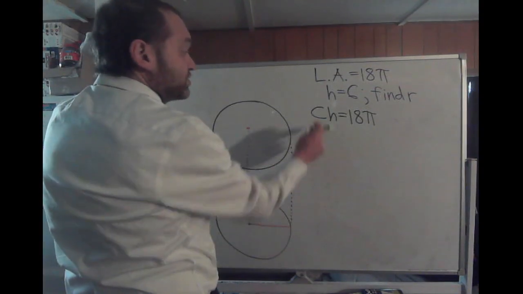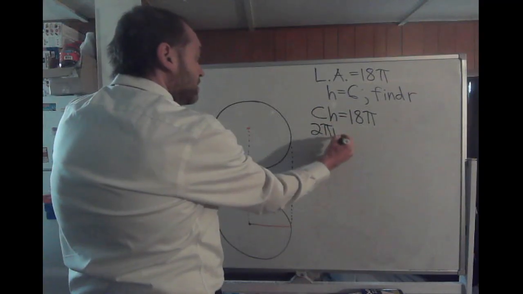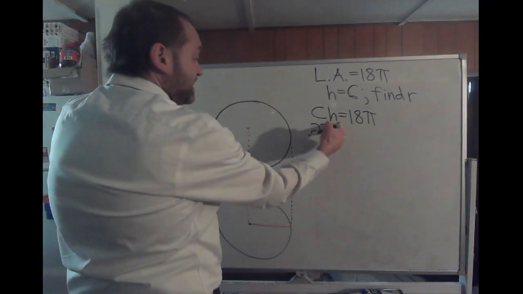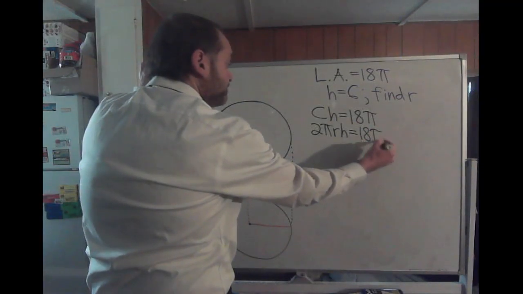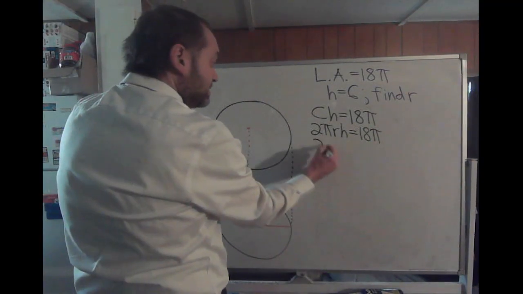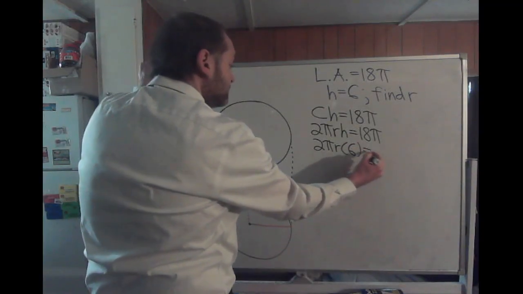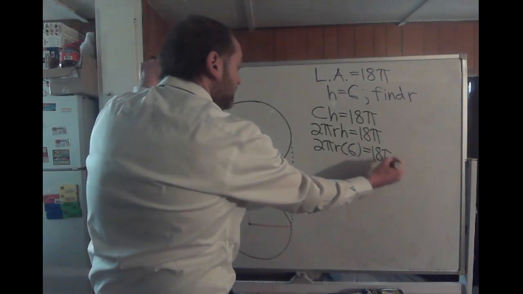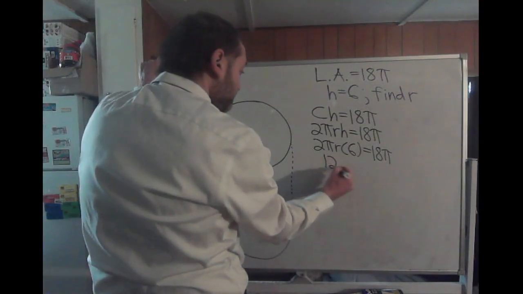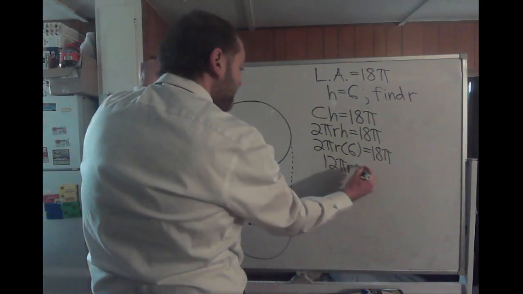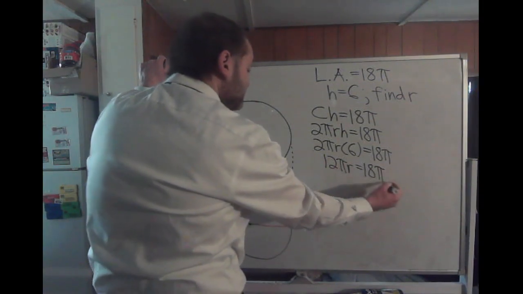Okay, now the circumference of a circle is what? 2 pi r. You would just take that times the height itself would equal 18 pi. Well, what is the height? That's 6. So you'll have 2 pi r times 6 equals 18 pi, which would then give you that 12 pi r equals 18 pi. Now we can solve for r.